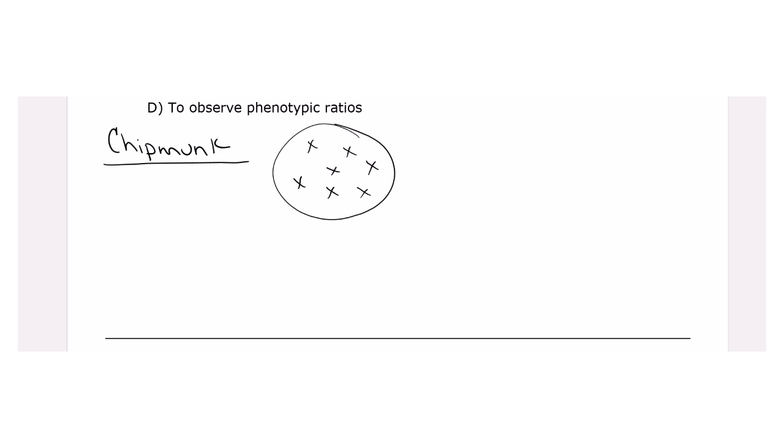Do they have the white spot on the head or not? Okay, which one's dominant? The white spot or no white spot? White spot's dominant? Okay, so what letter should we use? W would be terrible. A and little a, because you can definitely distinguish between big A, little a, right?